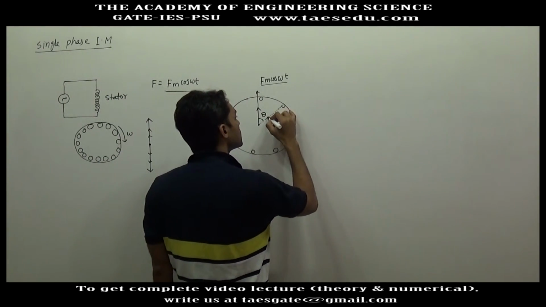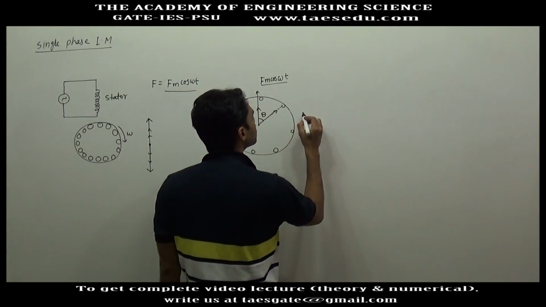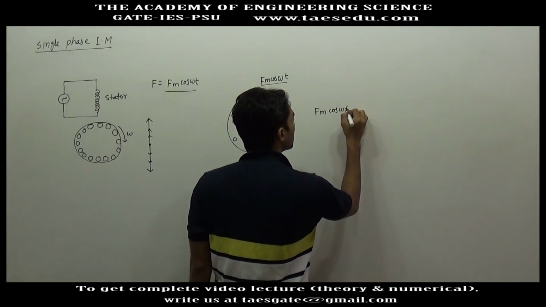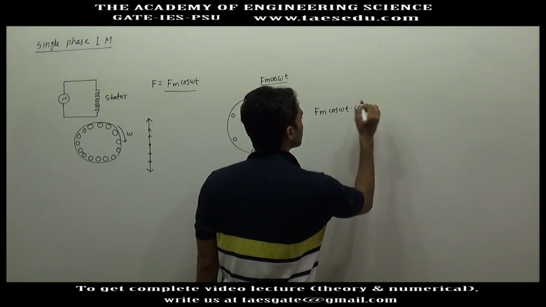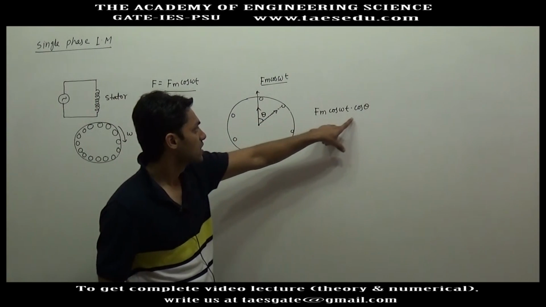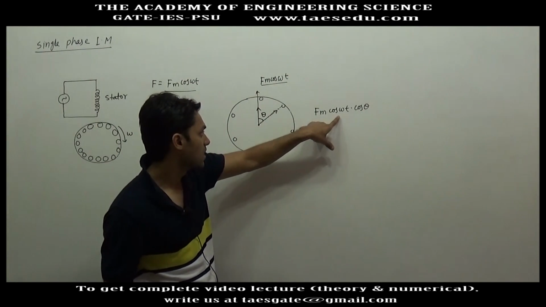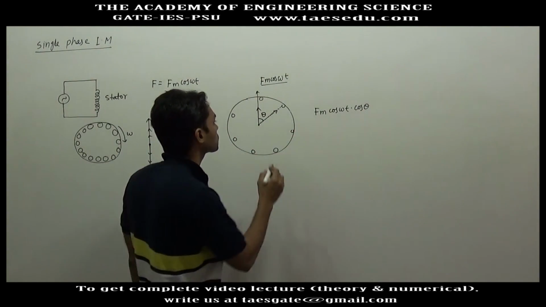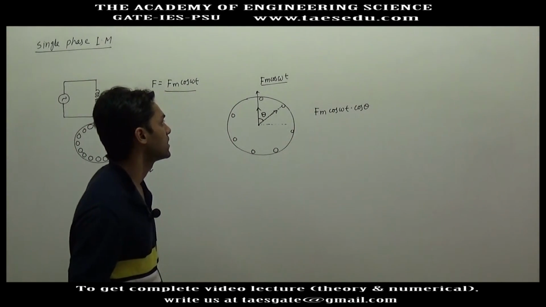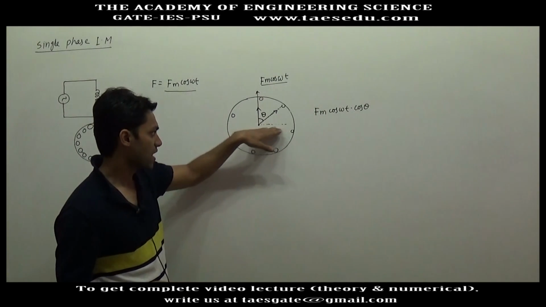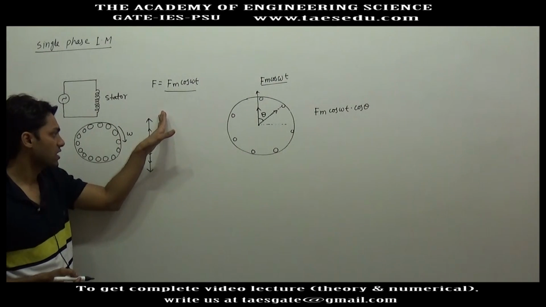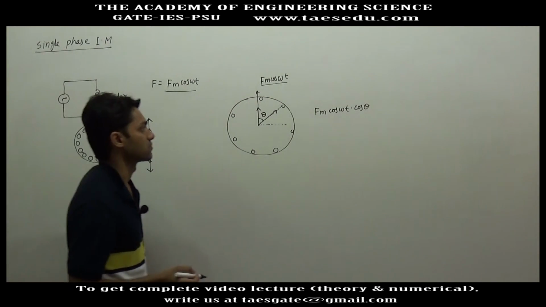In this direction, the field will be Fm cos omega t into cos theta, because in this direction we have theta equal to 0. If you put theta equal to 0, you will have Fm cos omega t in this direction. If you put theta equal to 90 degree, you will always get 0 magnetic field, because the field is pulsating either in upward direction or in downward direction.